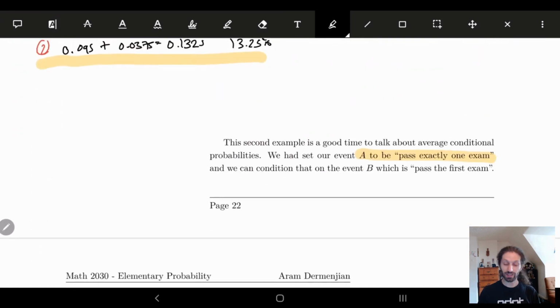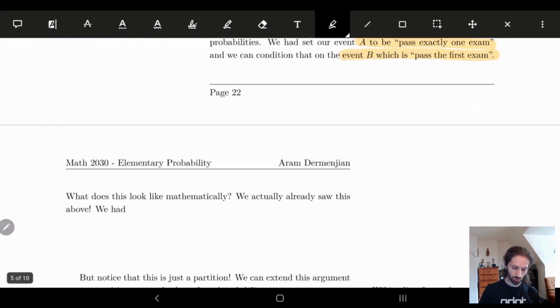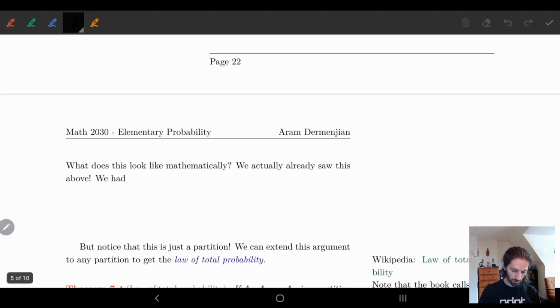And we can condition that on an event B, which is pass the first exam. So I can break this down. What's the probability that we pass exactly one exam?